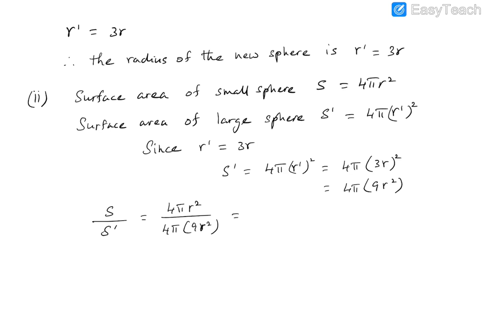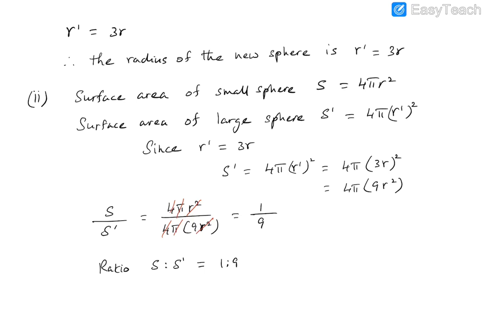So we'll have a lot of things cancelling out here. So the 4 and 4, pi and pi, r square and r square will cancel out. So what we are left with is simply 1 on the numerator and 9 on the denominator. So that means the ratio of S to S dash is 1:9.